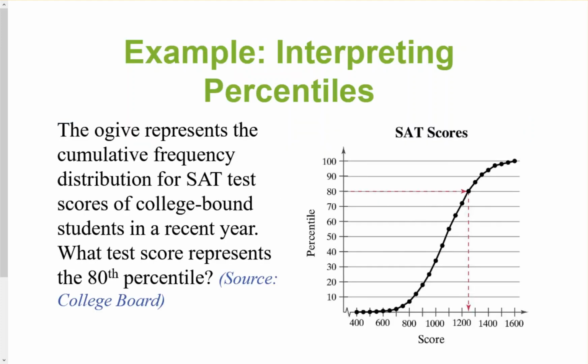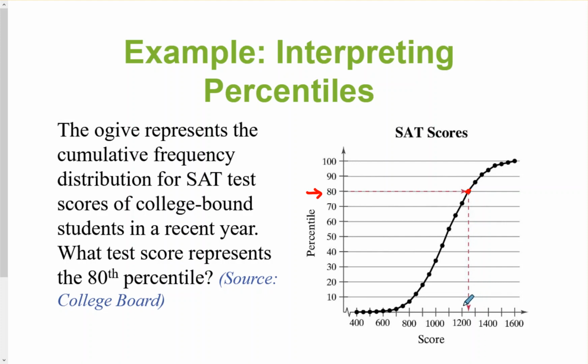Interpreting percentiles. The ogive represents the cumulative frequency distribution for SAT test scores of college-bound students in a recent year. What test score represents the 80th percentile? Okay, so 80th percentile. We cut across, we find the data value, drop it down.